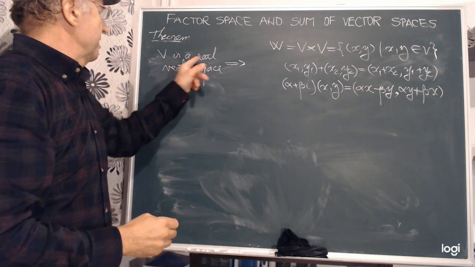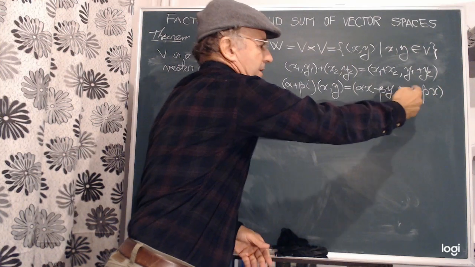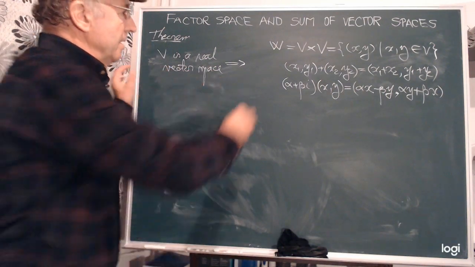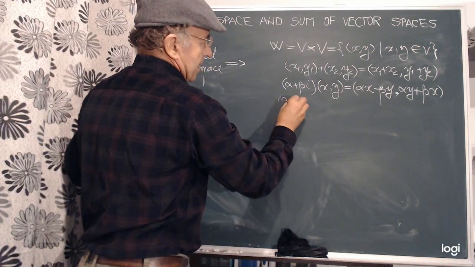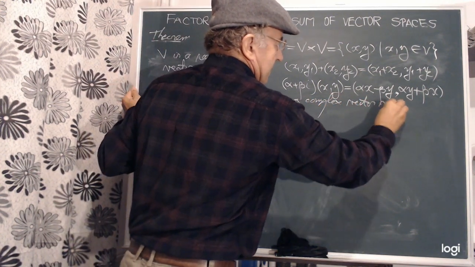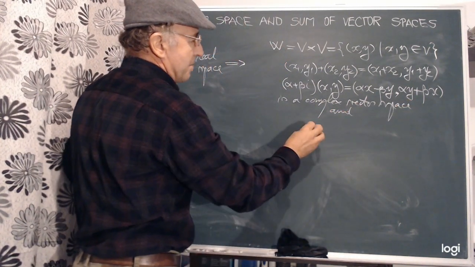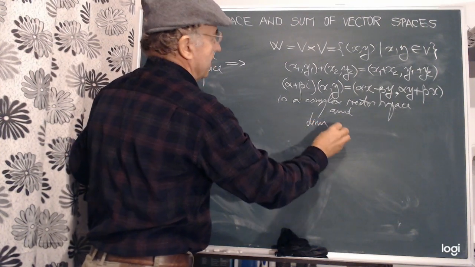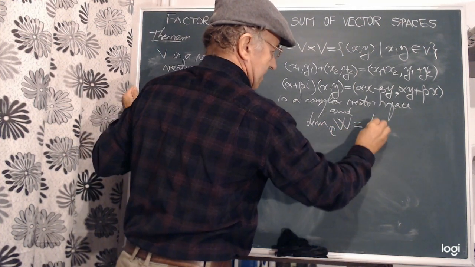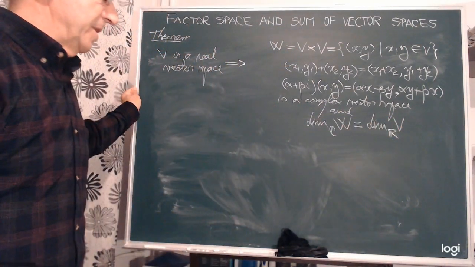We have V is a real vector space, so the multiplication with the real numbers of the vectors of V is defined. And this is a complex vector space, and the dimension of W, which is complex, is the same as the dimension of V, of the starting vector space.